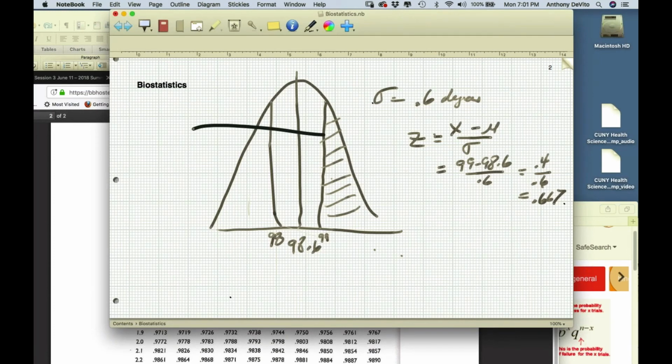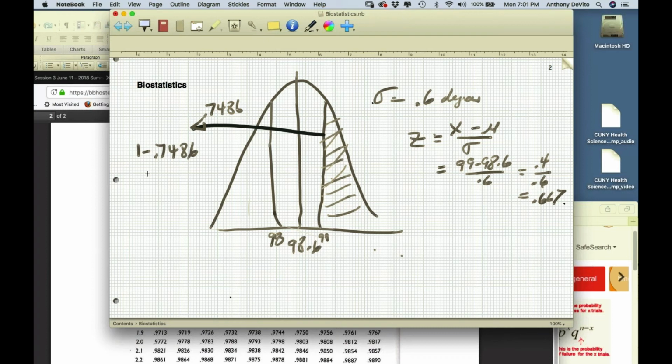So 0.7486 is to the left of 99. But I'm interested in the area to the right of 99, so it's going to be 1 minus 0.7486.